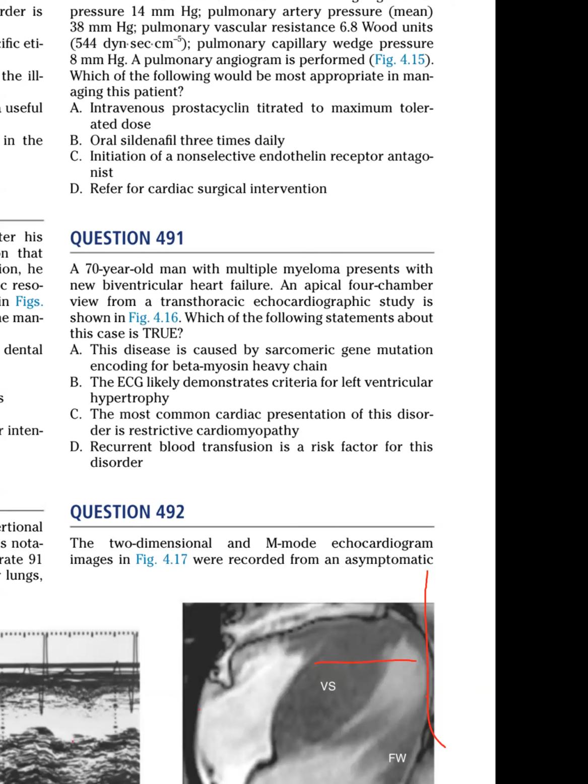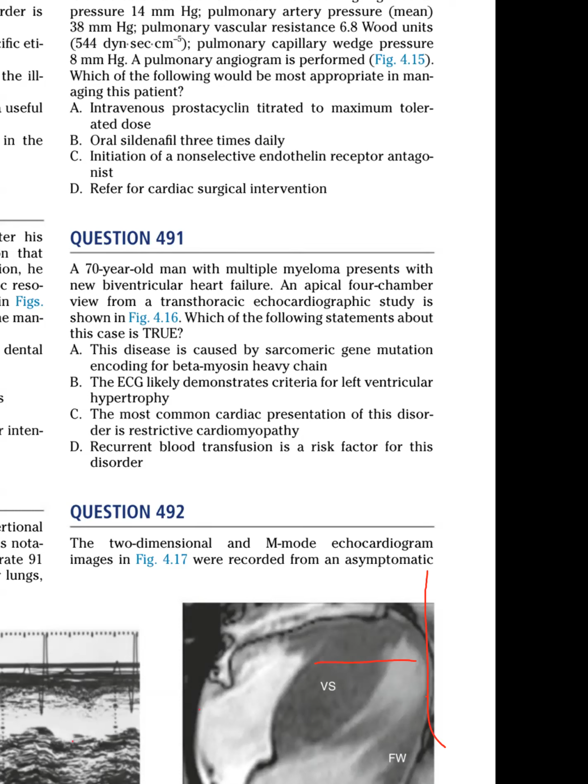The ECG is likely to demonstrate criteria for LVH. This is an infiltrative disease, so you will actually see thickened wall with low voltage complexes. So that one, B, is also false. The most common cardiac presentation of this disorder is restrictive cardiomyopathy. This is true.